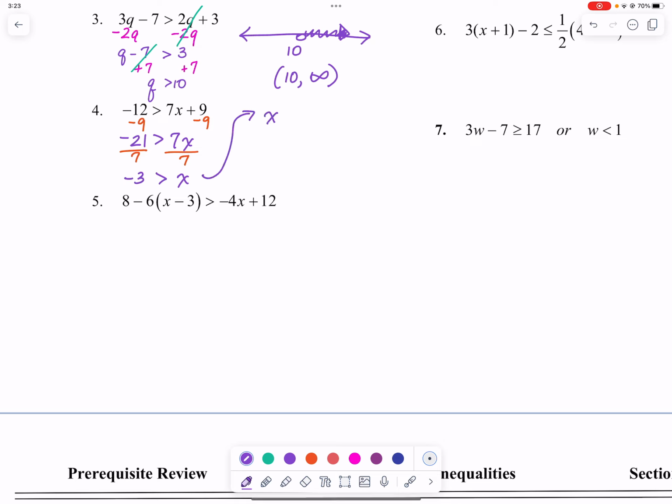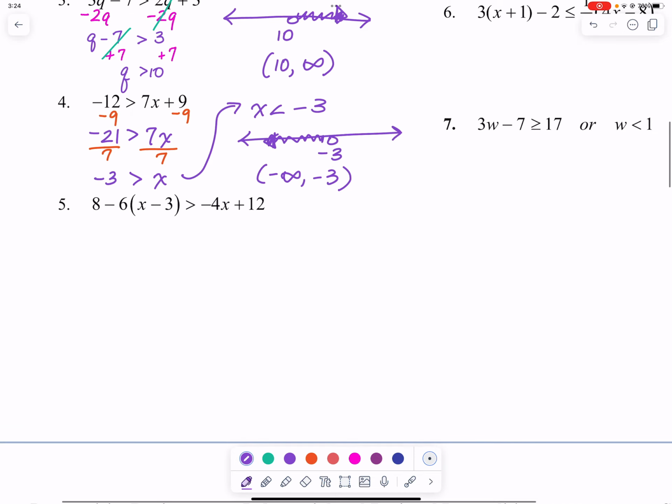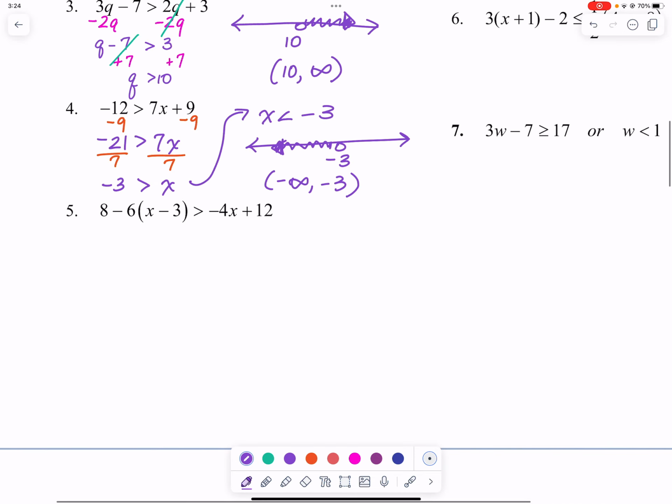So let's go ahead and read that backwards. X is less than -3. So we have a number line, open point at -3, everything less. So our solution set is -infinity to -3 with open parentheses.